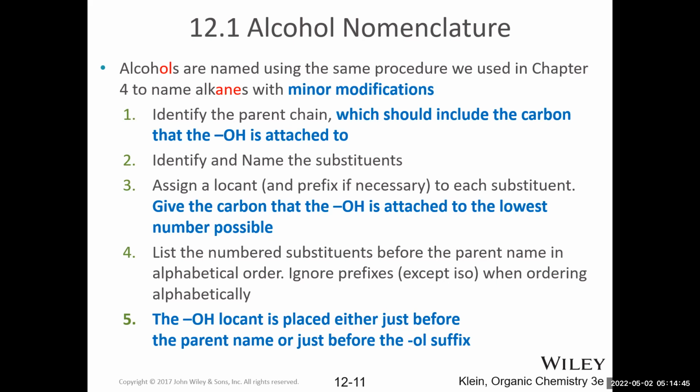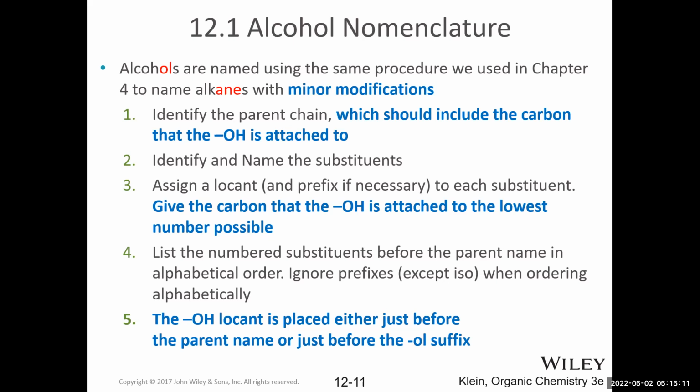So if we're naming it as an alcohol, because that's the highest priority functional group, then all other groups become substituents. And of course, we're going to list substituents before the parent in alphabetical order. And now the key suffix is "-ol", so it becomes like hexanol, heptanol, for example.